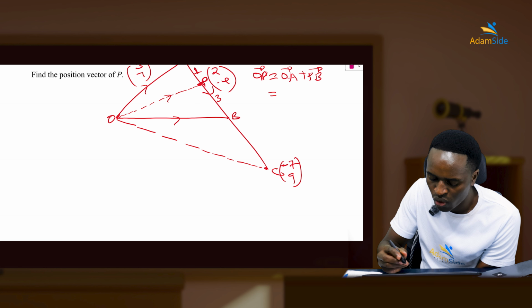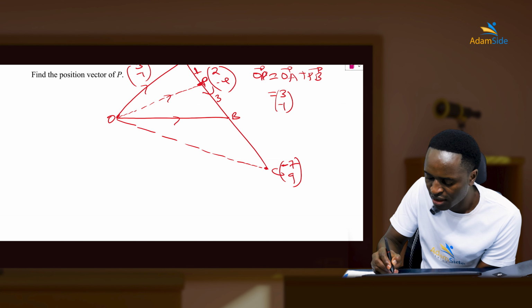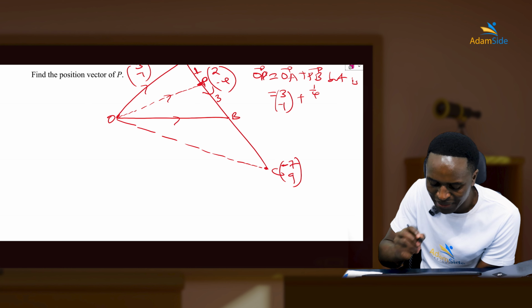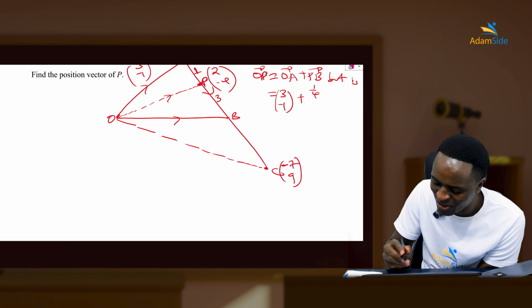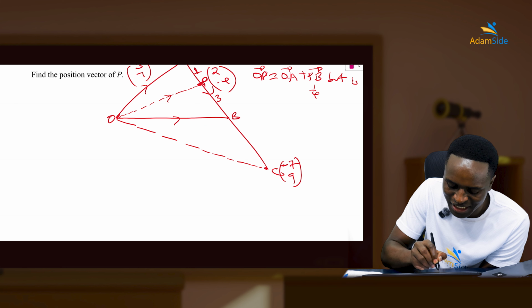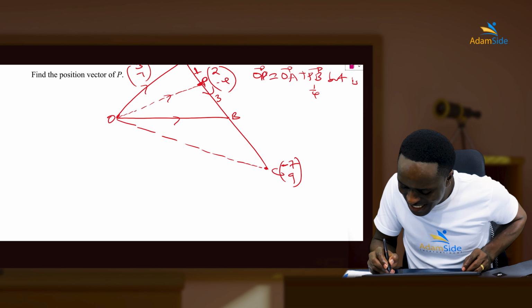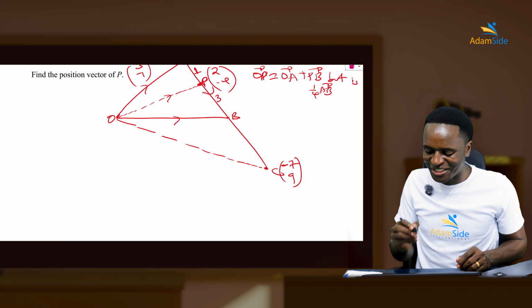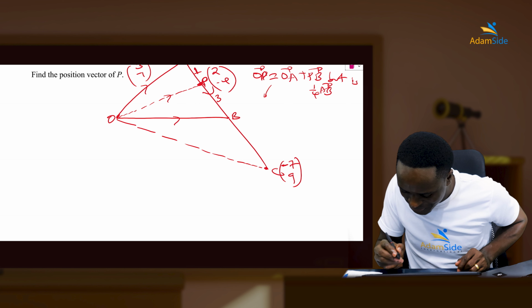We say it's vector OA, which is (3, -1), plus PB. Now here we apply the ratio. But vector PB, what is vector PB? Vector PB is a quarter of vector AB.